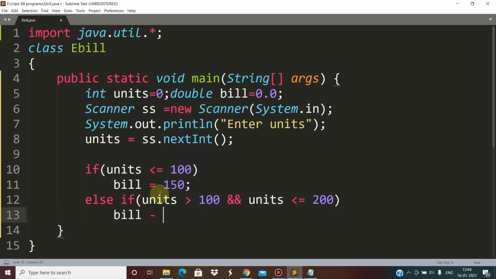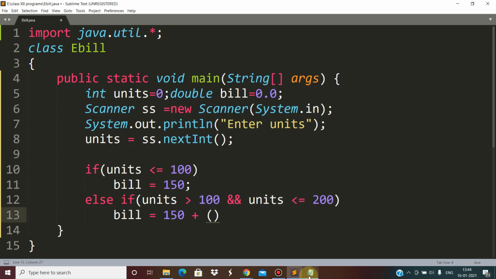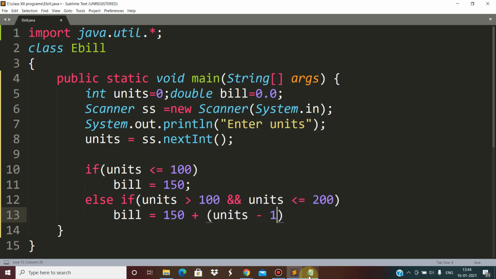So bill is rupees 150 plus rupees 2 per unit, so that is units into 2, units minus 100. You have to subtract because for the first 100 units we have already taken 150. Got it or not?